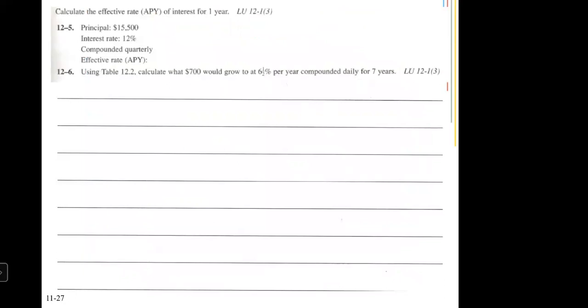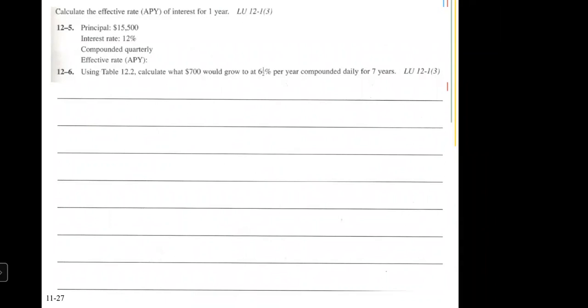So let's look at these two questions here. The first one is asking to calculate the effective rate of interest for 1 year. So you have a principal of 15,500. The interest rate is 12%. It's compounded quarterly.